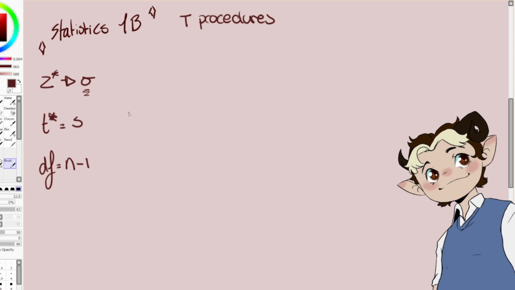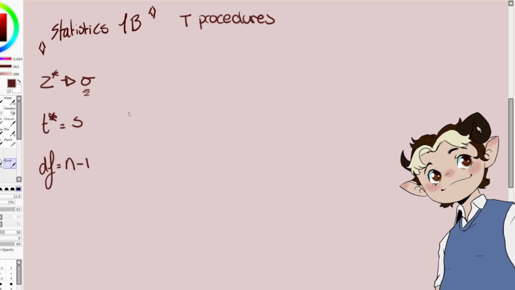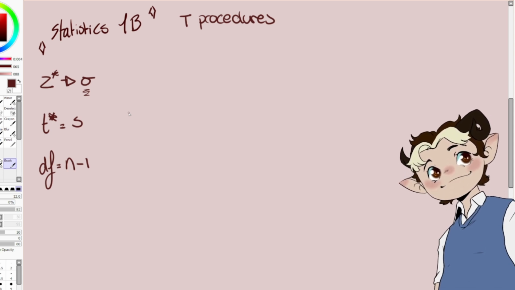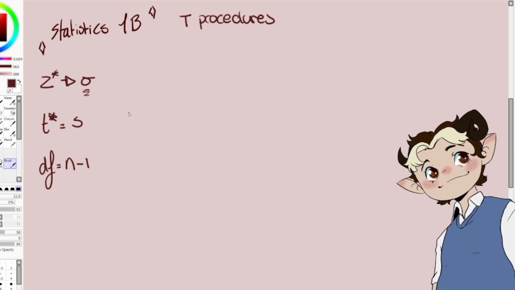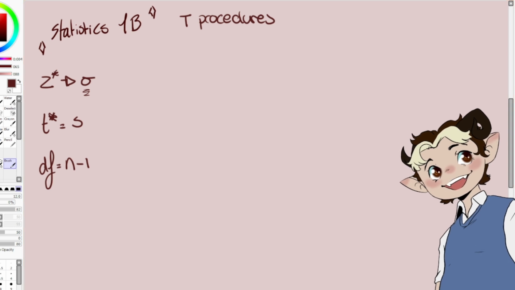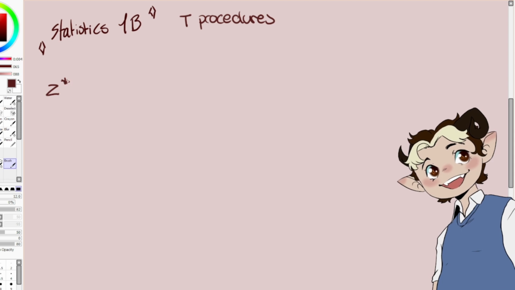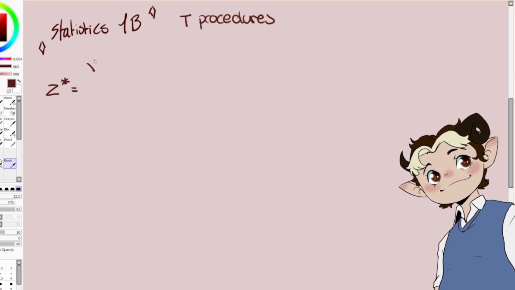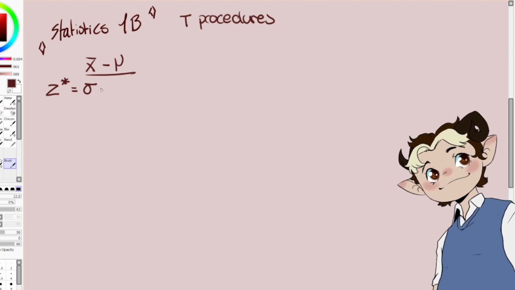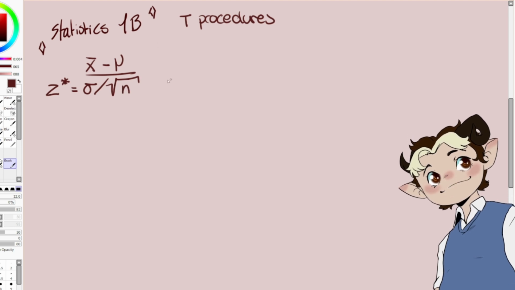So every time when you are presented with a question and you are given a sample mean, you instantly know you're doing a T procedure. If you are given a population mean, that is a Z procedure. Other than that, it is the exact same. So we have our Z procedure, which was X bar minus mu divided by the standard deviation divided by the square root of n.